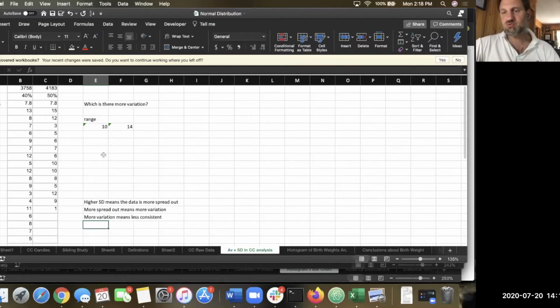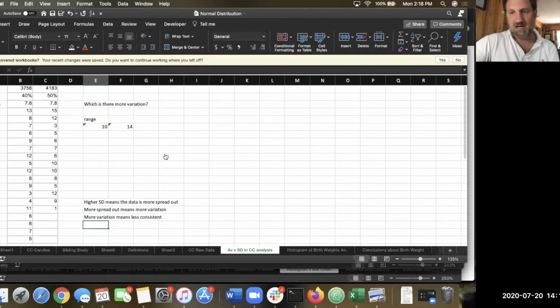There's times when you're interested in having more variation, and there's times when you probably want less variation. If you're in charge of a process that's supposed to produce something, you're probably more interested in consistency, which means you want less variation. I've never worked in any kind of manufacturing setting, but I can imagine there are some applications there of thinking about standard deviation.